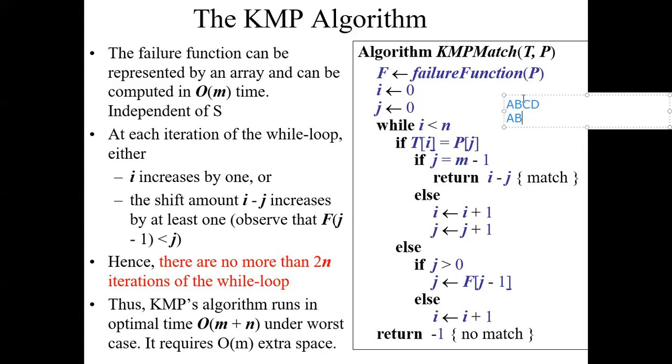So should I return 0 as the value, or should I return 1 minus something? Yes, but whenever I kept matching, these iterations will stop at this location. So this is my value of I. If I return I, the match location will be this, and I have to return this. So we are subtracting the indices, the number of iterations, that is equal to the length of the pattern.